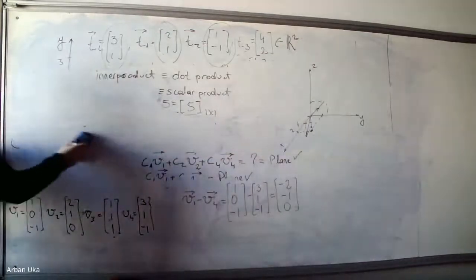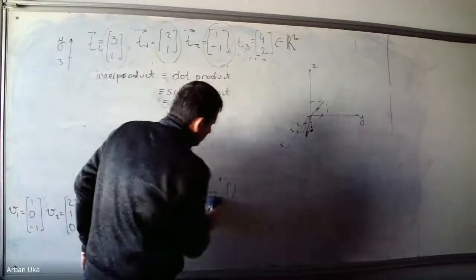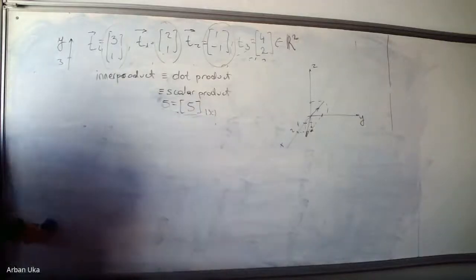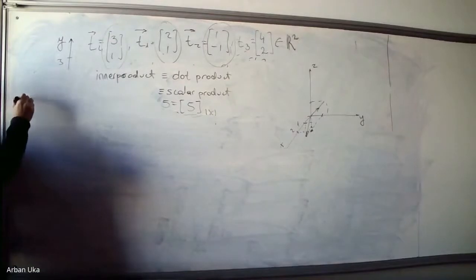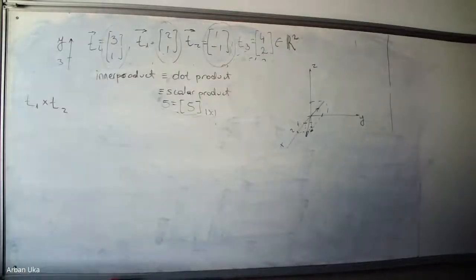But let's see actually, if we are talking about the product of vectors, how do vectors or matrices multiply? Can we multiply T1 times T2? What do you think? No, we can't. Why?